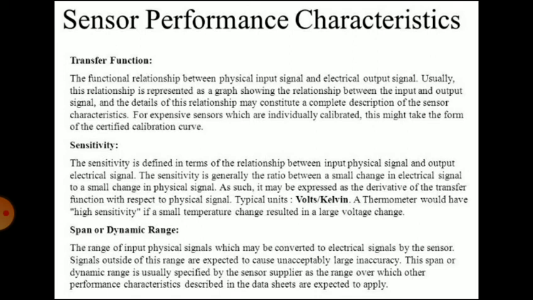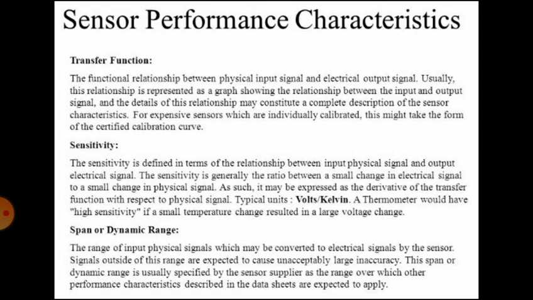Usually, this relationship is represented as a graph showing the relationship between the input and output signal, and the details of this relationship may constitute a complete description of the sensor characteristics.